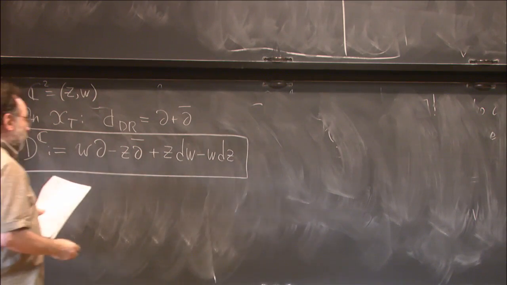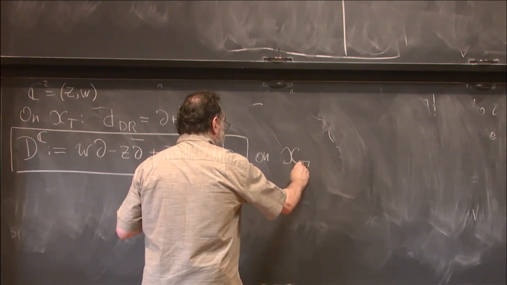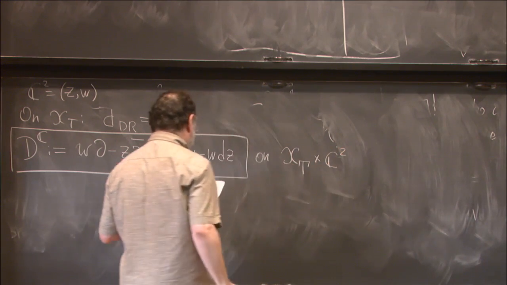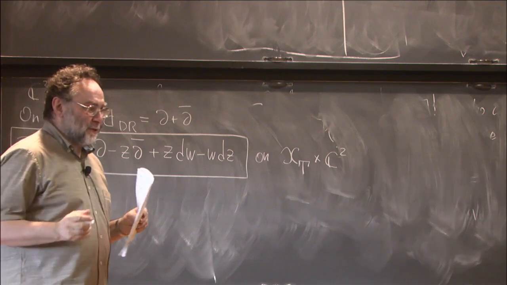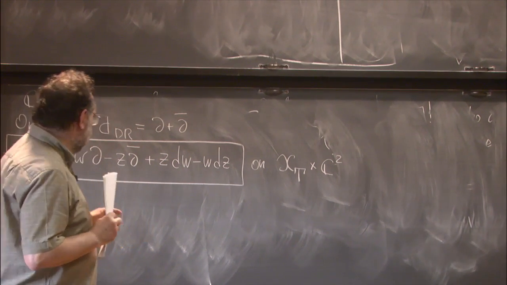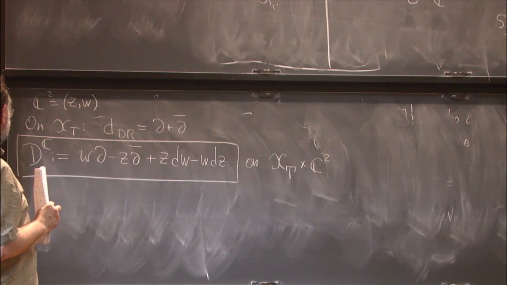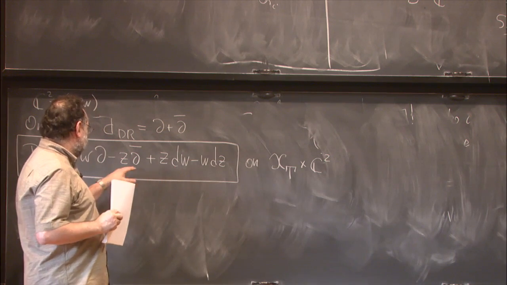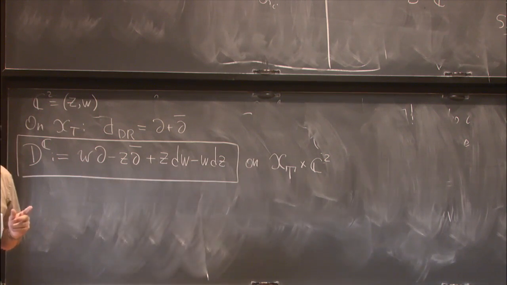Now, where is this differential operator? It's on xt. You remember xt is this big fibered product over vertices cross C2, cross the twistor plane. Now, is that okay? You mean dw or del w? No, I mean this is d. What's the question?